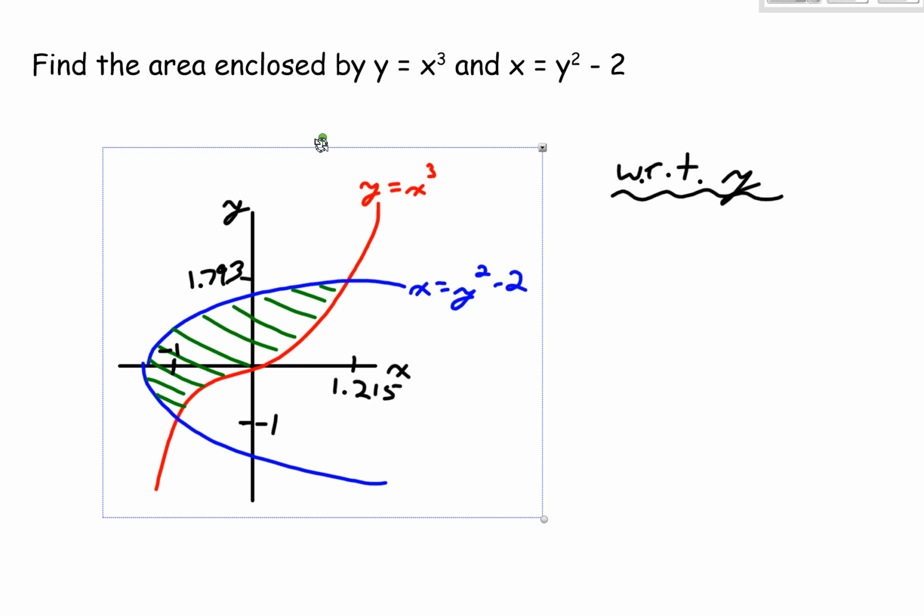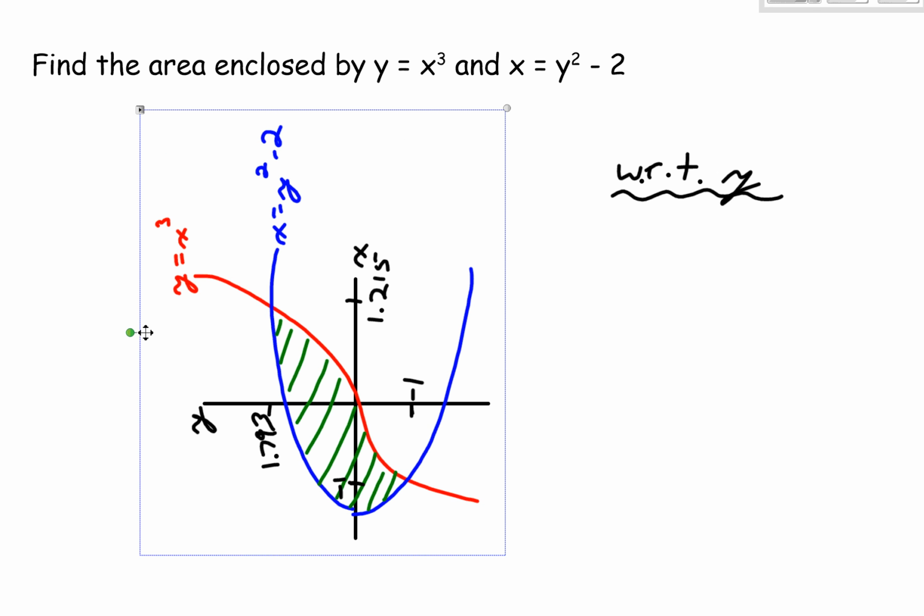If you tilt your head to the right, it makes the graph look like this. So for our sake, because I am able to turn the graph, I'm going to turn it this way so that now y is my independent variable and x is the dependent. I just have to be careful with my y's, that on my y-axis horizontally here, the positive y's are to the left, not to the right.